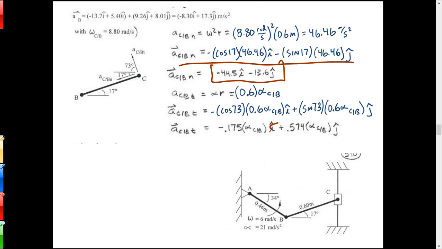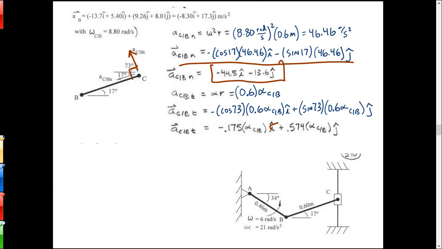And then I do the tangential, alpha r, 0.6 times alpha. 0.6 is r. Alpha, I don't know yet. And that's going to act perpendicular to the linkage. So that'll make a 73-degree angle up left or down right, one or the other. Okay.